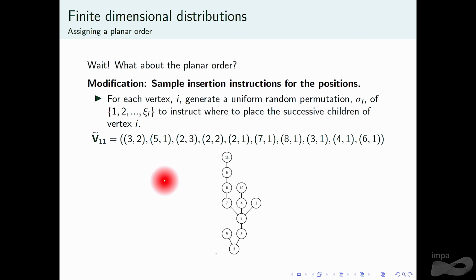Meanwhile, then 5, 1, so 2 gets put in the first position of 5. Then I have 2, 3, which means that 1 got put in the third position. And we can continue in this way. So essentially, the tree that you just saw in the last construction would have been constructed using maybe this sequence of pairs instead.